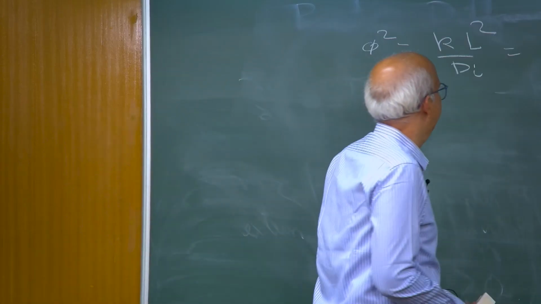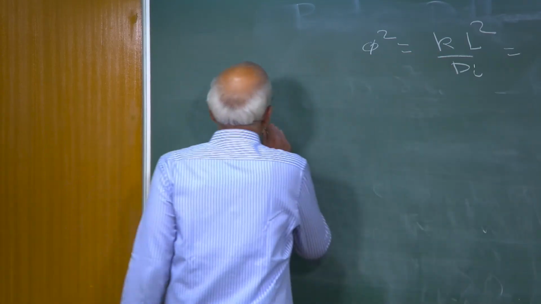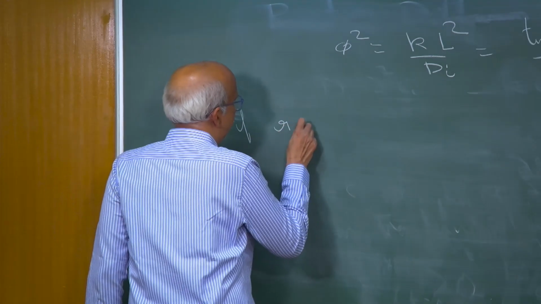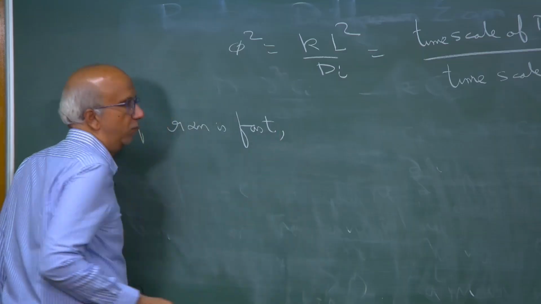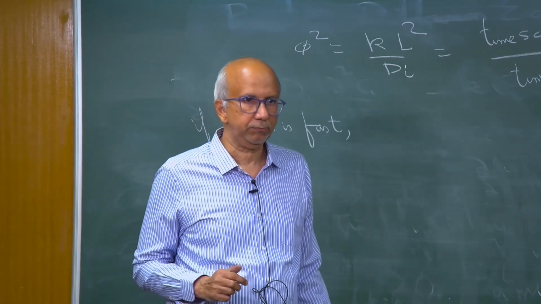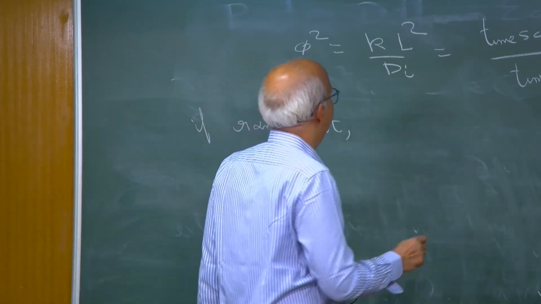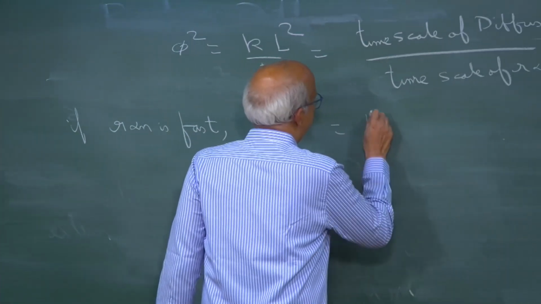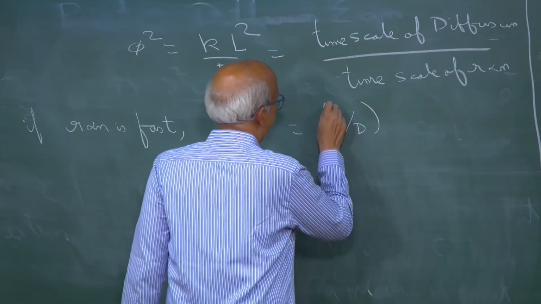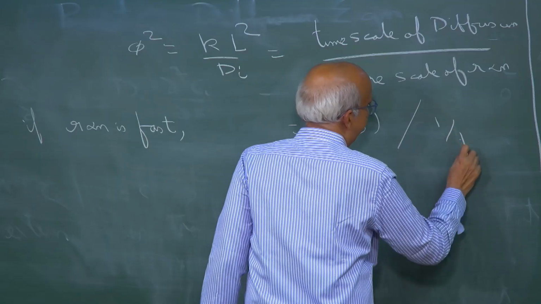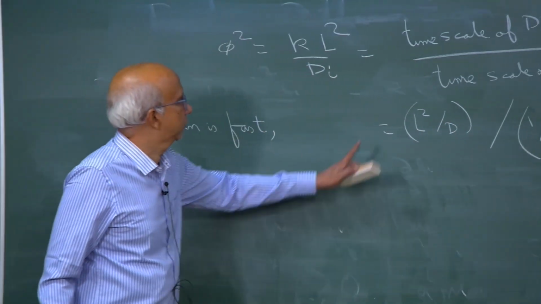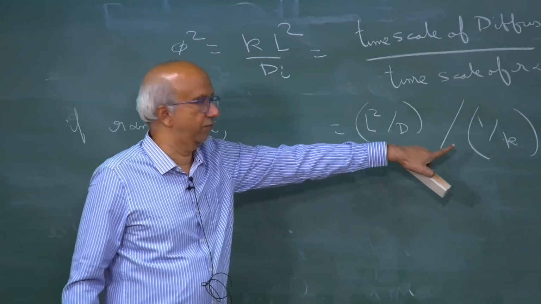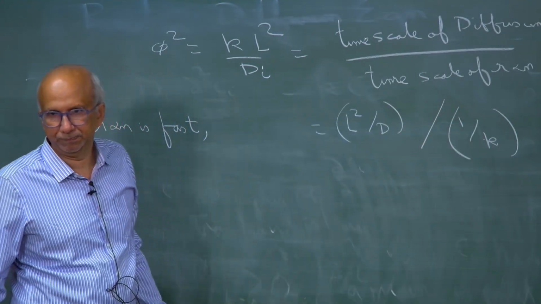And so, basically, if reaction is fast, what does it mean? I mean, maybe I should write this as L square by d divided by 1 by k, that makes it more clear, right. L square by d is time scale of diffusion, 1 by k is time scale of reaction.